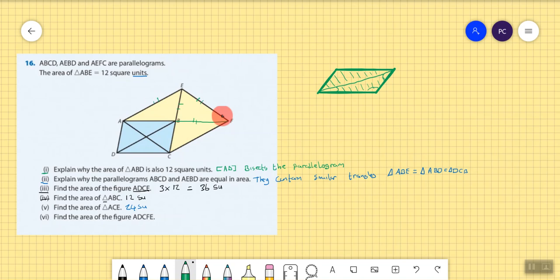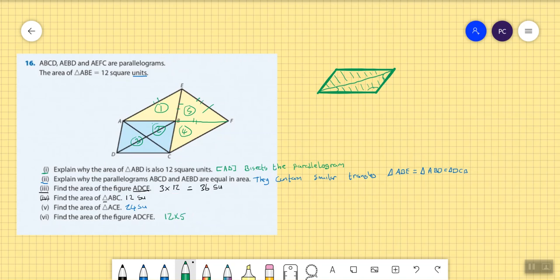So this is 12, so they're all 12. We have this part, which is 12, 1, then this part in here, 2, 3, 4, and 5. So we have 5 triangles, and each triangle is 12 square units. So it's going to be 12 multiplied by 5.